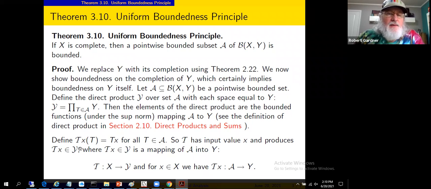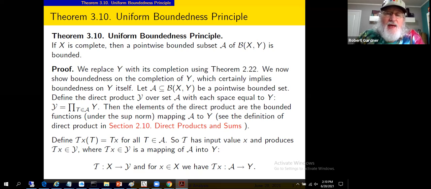We're going to define, as I warned, here's the awkward verbiage. My symbols are so convenient. Calligraphy T of X takes in bounded linear operator capital T and gives out capital T of X. So we're defining this for all T in indexing set A.